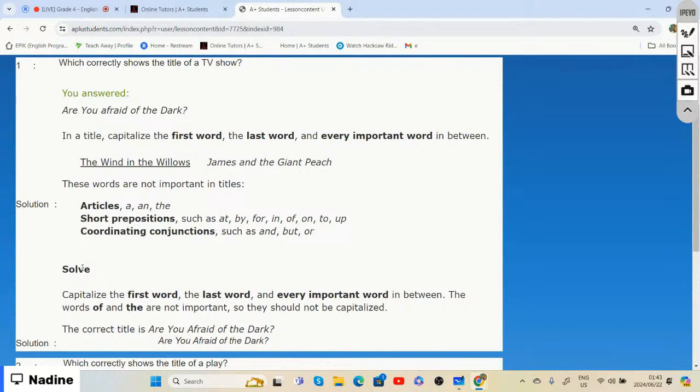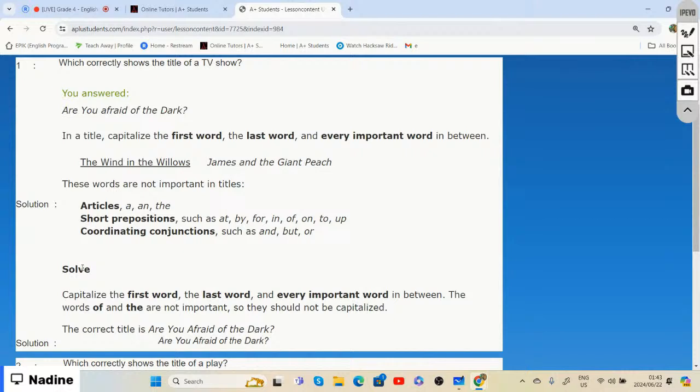It is your articles, short prepositions, and coordinating conjunctions. So articles, which are a and the, short prepositions, which are at, by, for, in, of, on, to, up, and coordinating conjunctions, which are words such as and, but, or, right?